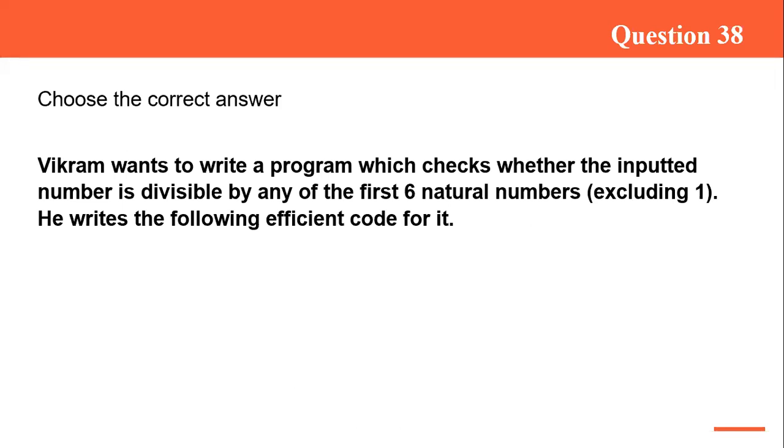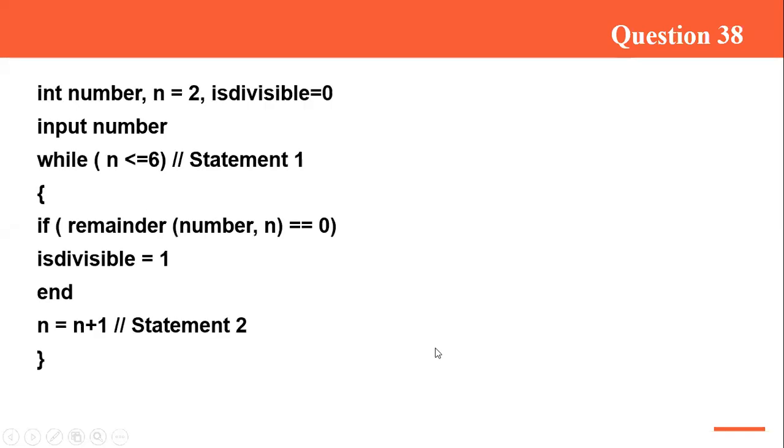Vikram wants to write a program to check whether the inputted number is divisible by any of the first 6 natural numbers. He writes the following efficient code for it, excluding one. That means 2 to 6 numbers. A number is divisible by 2 to 6 numbers or not, you have to check.